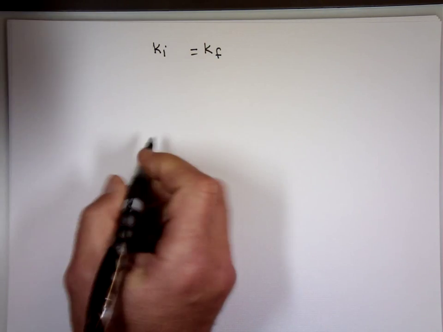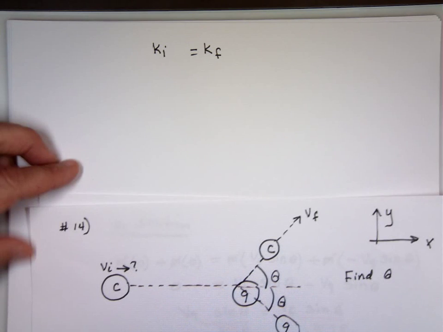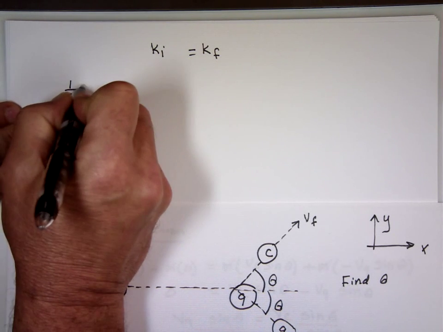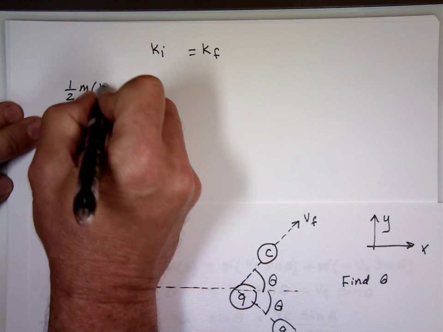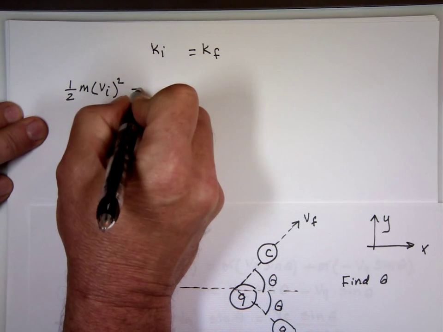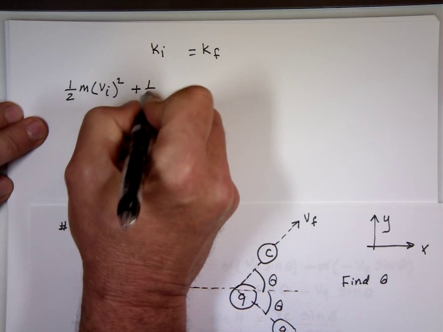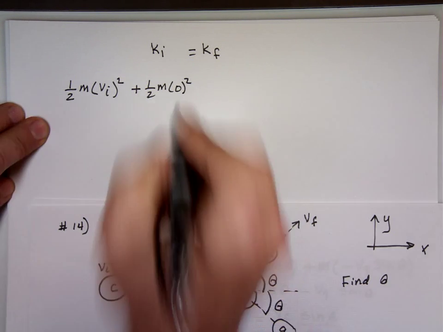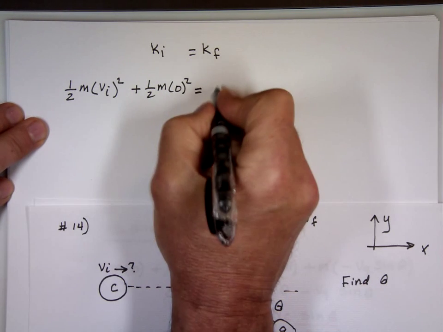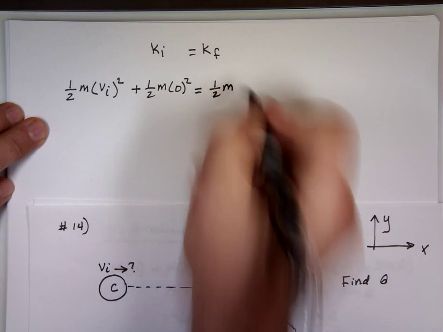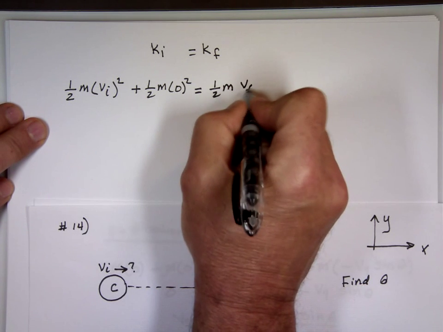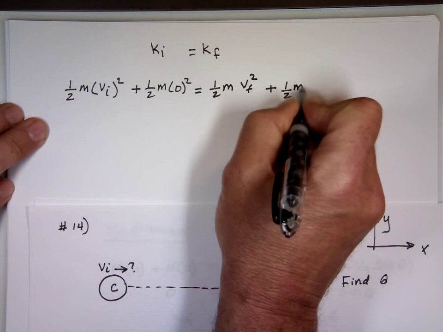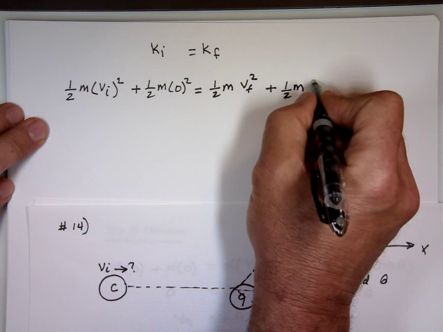Now kinetic energy is not a vector, so we're going to use 1/2 mv squared. 1/2 m, the velocity here is vi squared, plus 1/2 m, the velocity of this 0 squared, equals this one here, 1/2 m times the velocity v final squared, plus 1/2 m, and this is v9 squared.